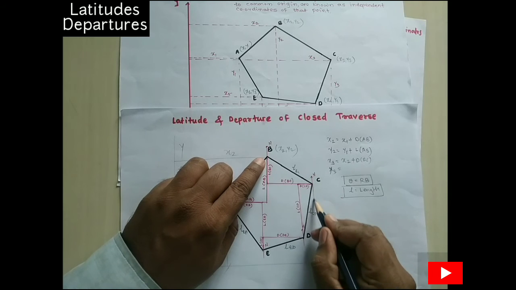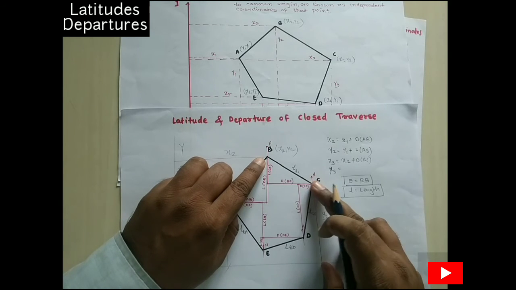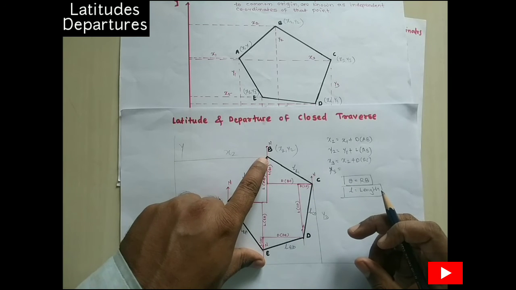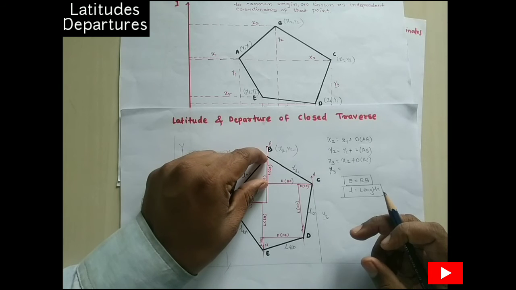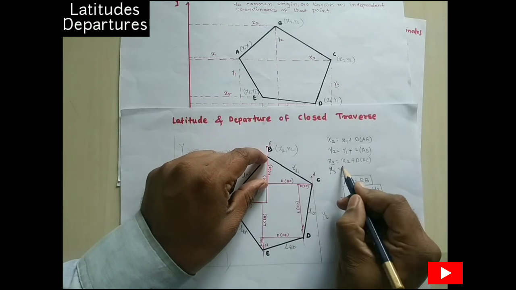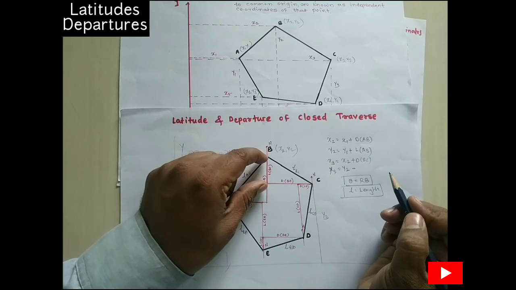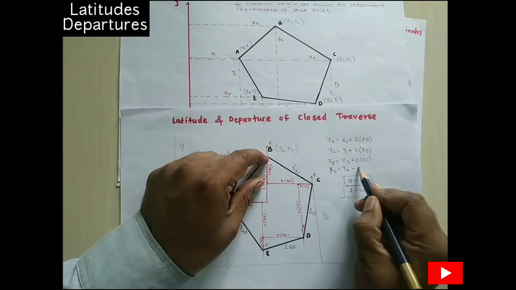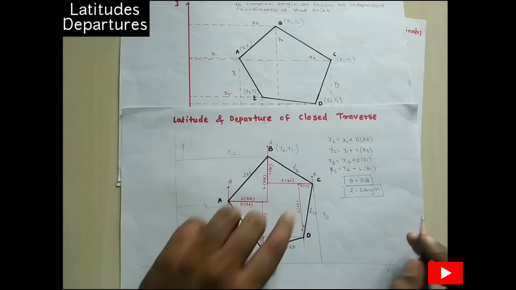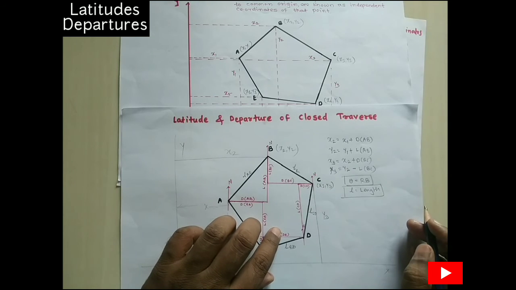Here the y3 value is up to C and y2 is up to B. So you have to subtract the latitude of BC from y2. So y3 equals y2 minus the latitude of BC. Got it? So here you can get the values of x3 and y3.